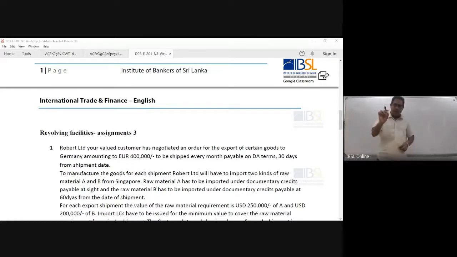If you are unable to catch up quickly, refer to the sum parallelly, then you can see what I'm trying to do. And the value of the LC is 80,000 euro. And here you get the shipment date.